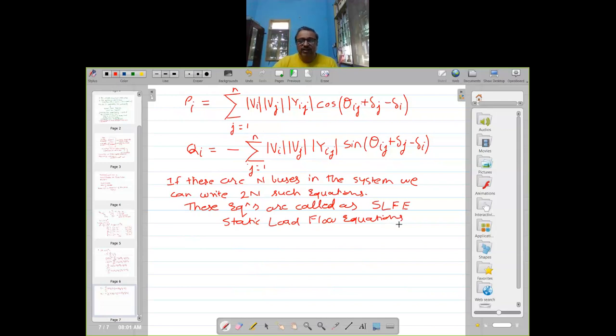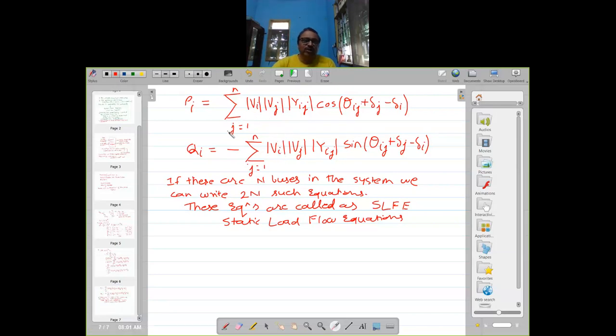Why is it called static? Because as you can see, there is no dependence on time in any of these equations. Is there any dependence on time? No. The time t is not coming into this. So it is all static; otherwise it would have been dynamic equations. So since they are static equations, we call them static load flow equations.